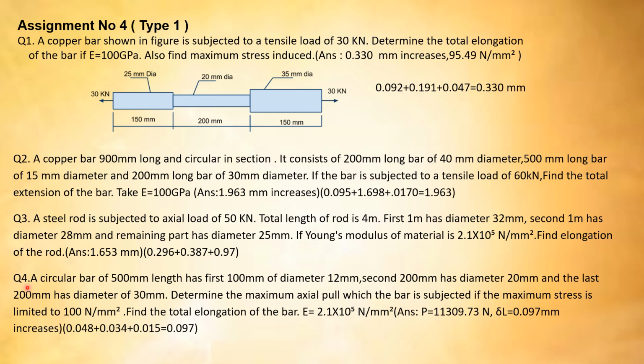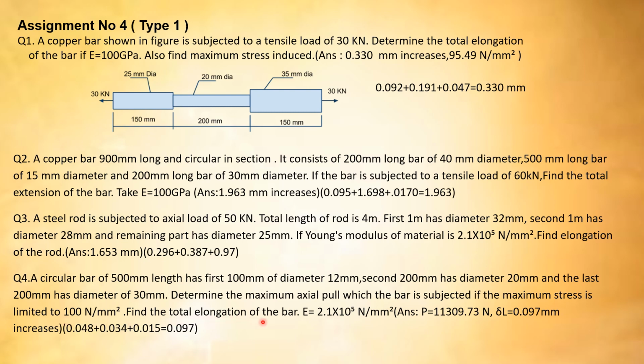Question number 4, a circular bar of 500 mm length has first 100 mm of diameter 12 mm, second 200 mm has diameter 20 mm and last 200 mm has diameter of 30 mm. Determine the maximum axial pull which the bar is subjected to if the maximum stress is limited to 100 Newton per mm square.